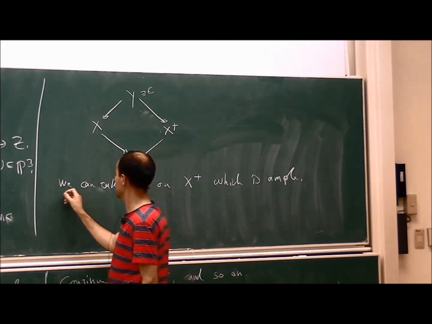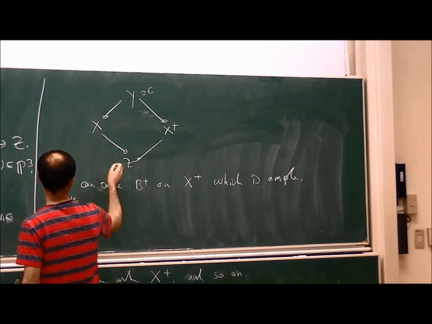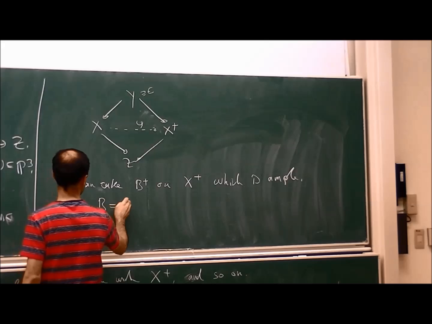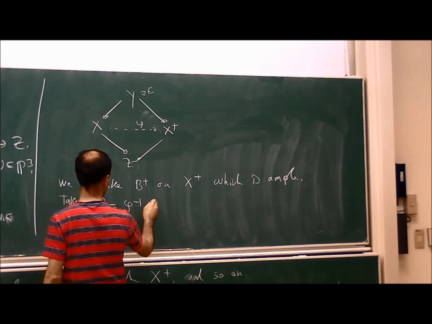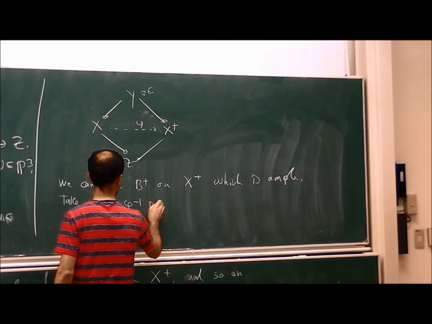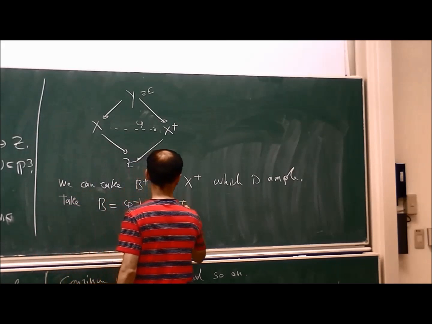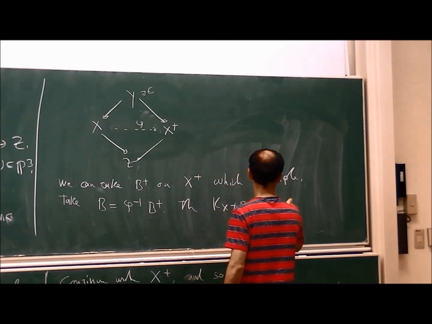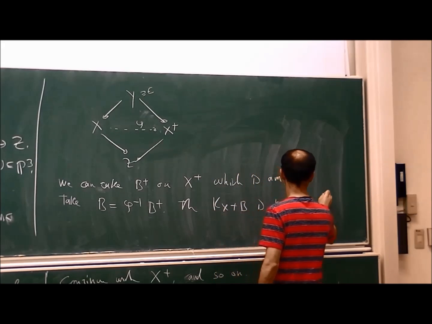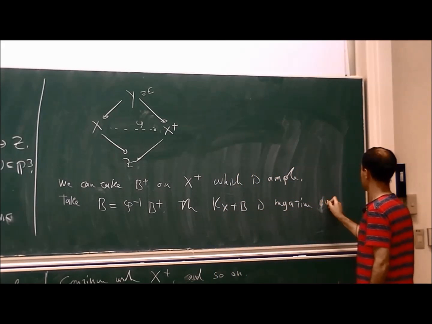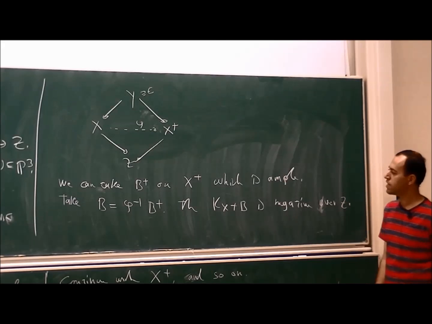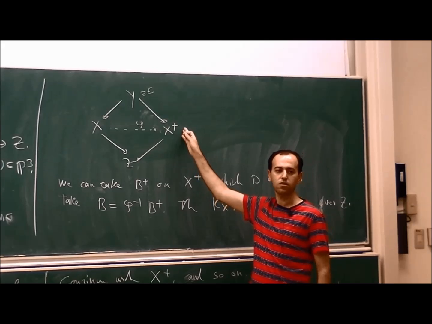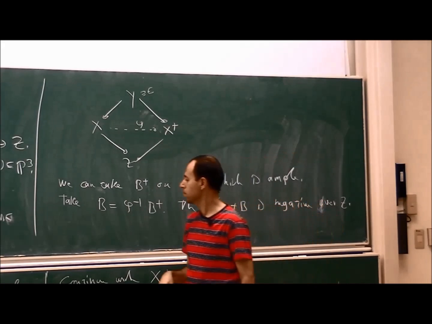And then take phi, take B to be this birational transform, in other words, just this pullback. Then K_X plus B is negative over the set, but if you come to this side of the story, this one is positive over the set.